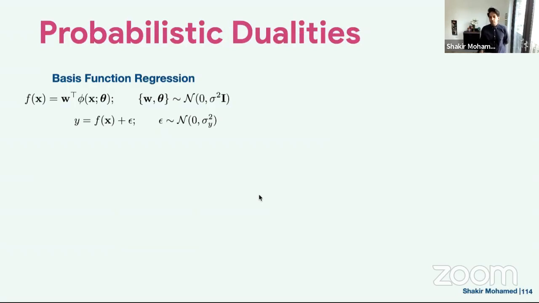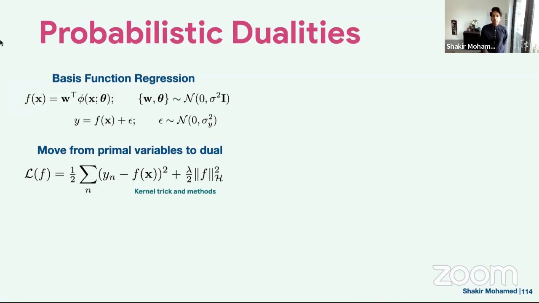Since we've now introduced GPs, there are very deep probabilistic dualities between many methods that we see, which show us that they're actually very much the same kinds of methods. Basis function regression is the basis of deep learning, where the basis functions are recursive compositions of linear functions. If you take this basis function regression and transform from a set of primal variables, these phi's, to a set of dual variables, you'll be able to use the kernel trick.